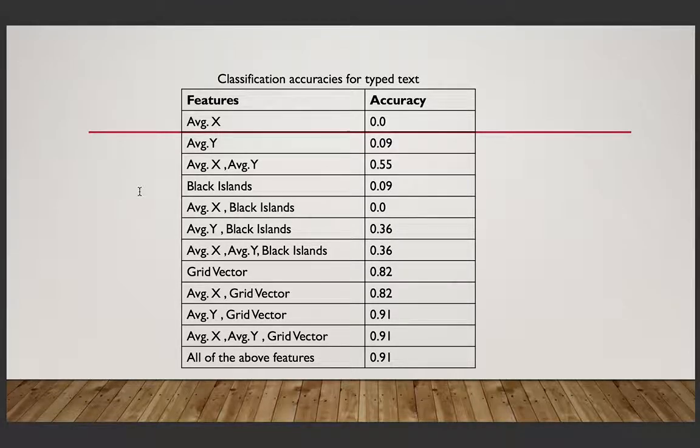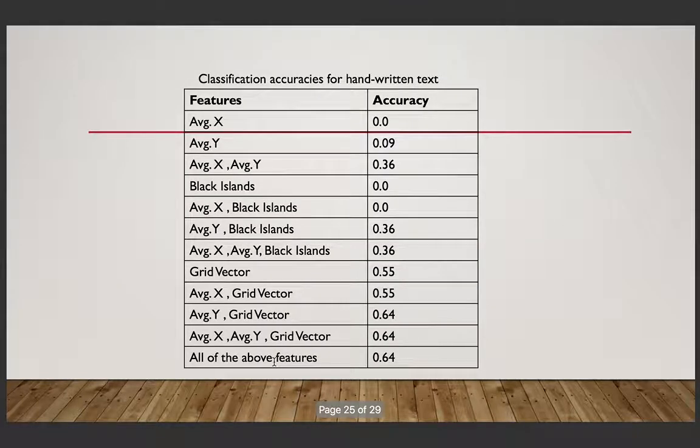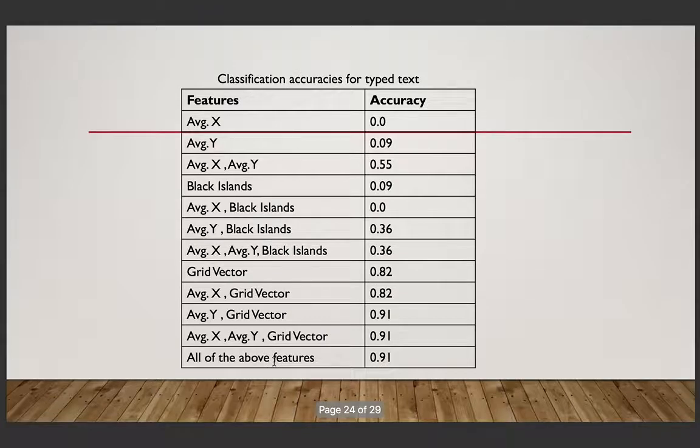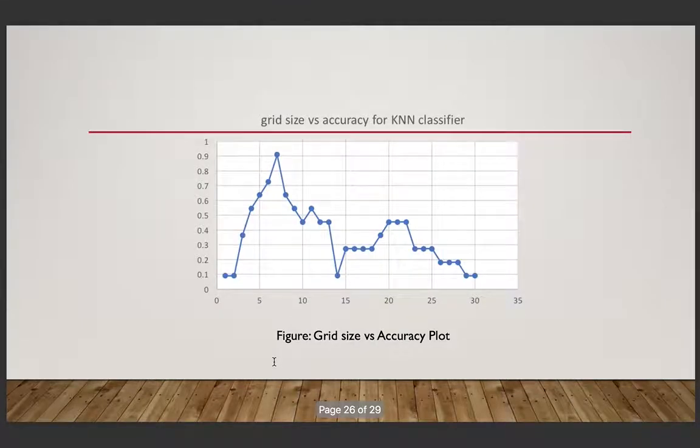The accuracy here is defined as the number of correctly detected characters. This table represents the accuracies for typed text, and this table represents the accuracies for handwritten text. Here you can see that the grid vector tends to perform well in both cases.